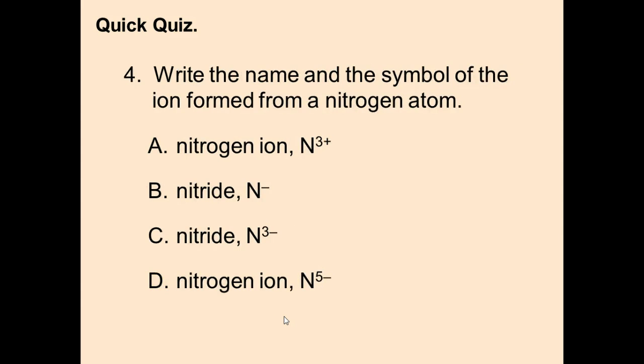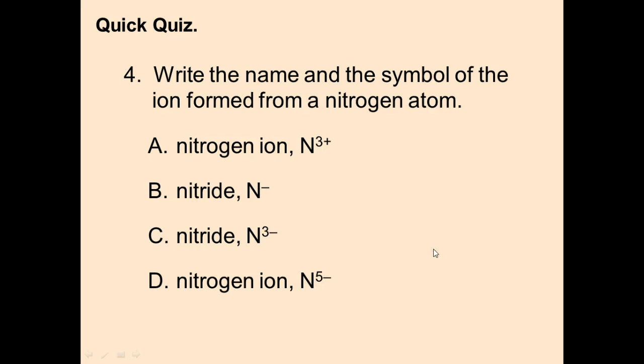And so here's the last question for this PowerPoint. Write the name and symbol of the ion formed from a nitrogen atom. So A, nitrogen ion, N3+, B, nitride, N-, C, nitride, N3-, D, nitrogen ion, N5-.